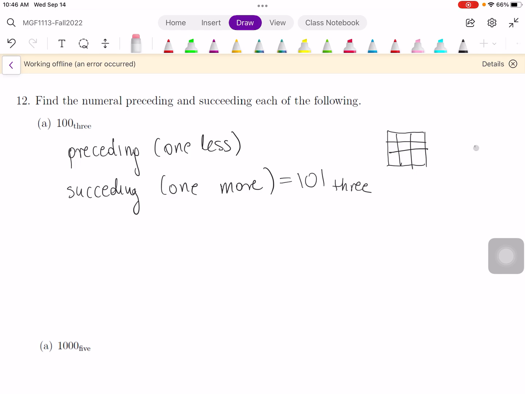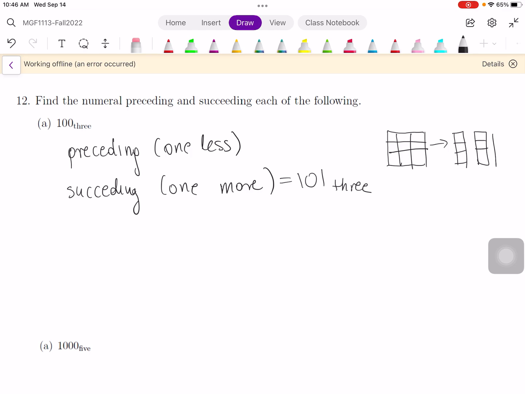But now what's difficult is if you wanted to subtract, because you have no units to take away from, which means that this flat you need to decompose. You can make of it 3 longs, 3 by 3, right?